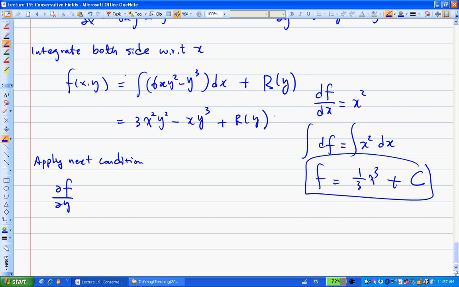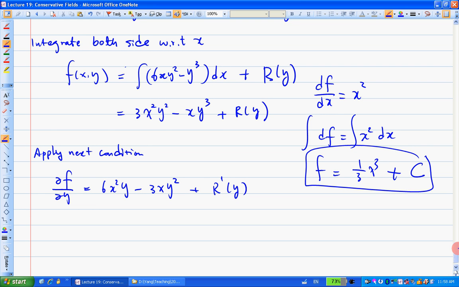What does that give us? The first one has a y, and then there's another y, right? So the first one gives me 6x squared y minus 3xy squared, and then the partial is not partial anymore, just a derivative. So that's just r prime of y.